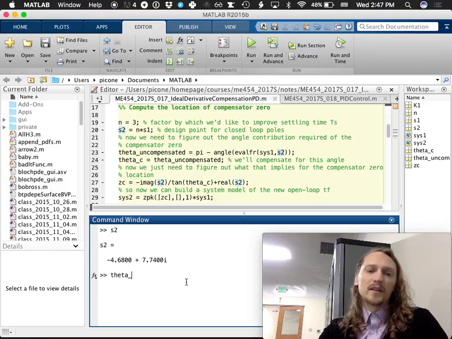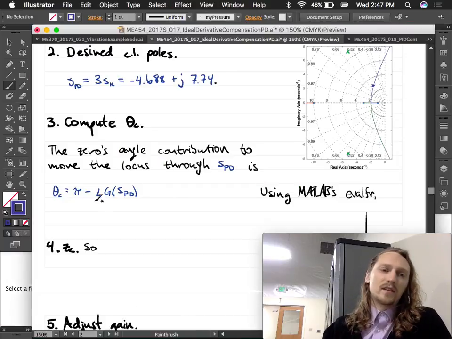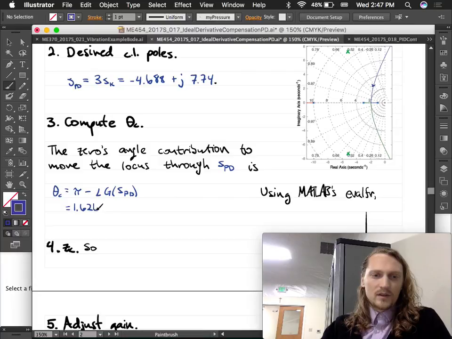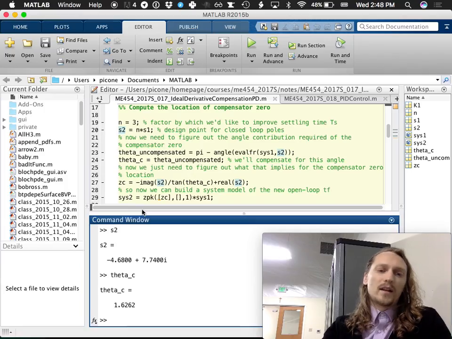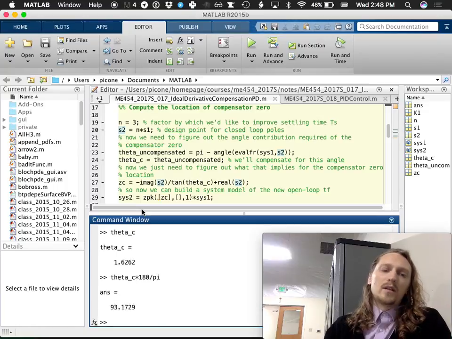So theta c is 1.626, which, if we do theta c times 180 over pi, so in degrees, we get 93.2.